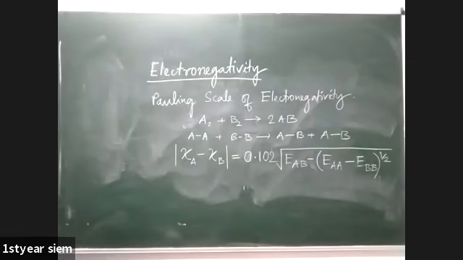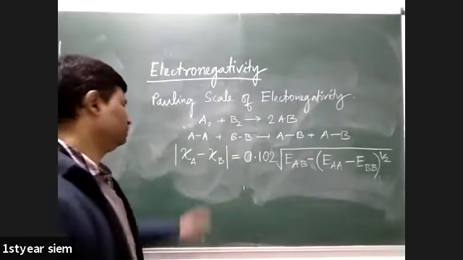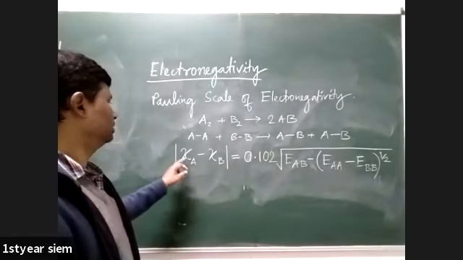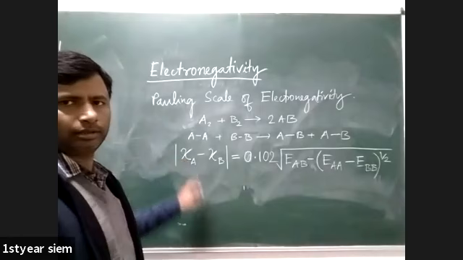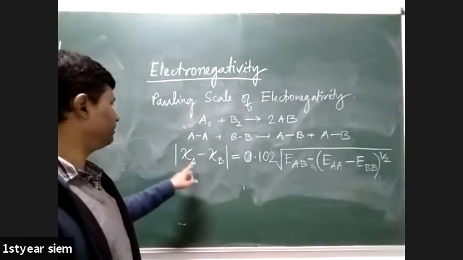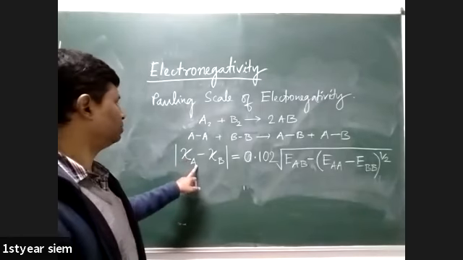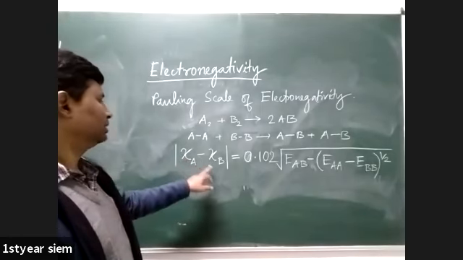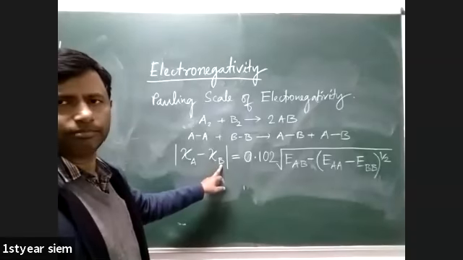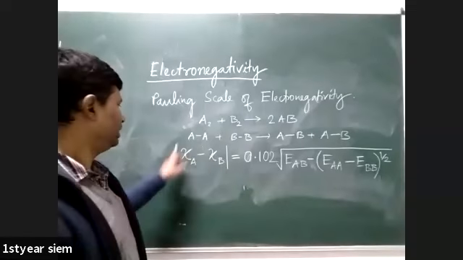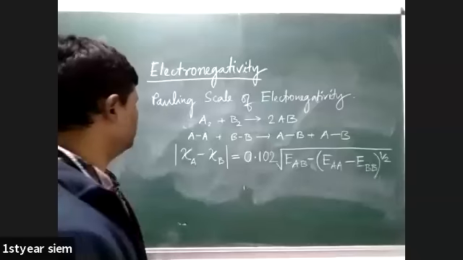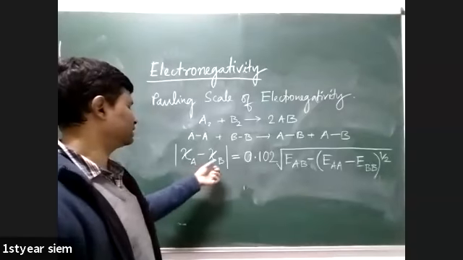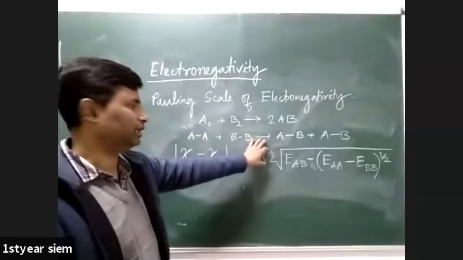So this is a long formula where chi A is the electronegativity of atom A minus the electronegativity of atom B, and we take the mod, only the positive value. 0.102 is a constant.